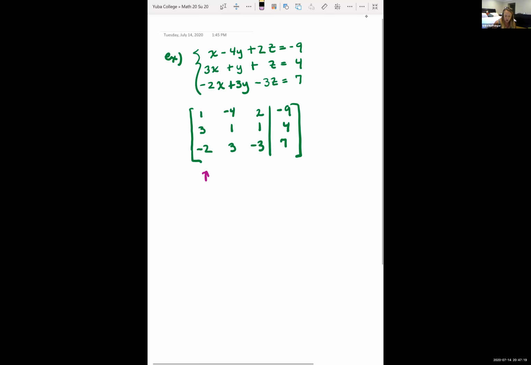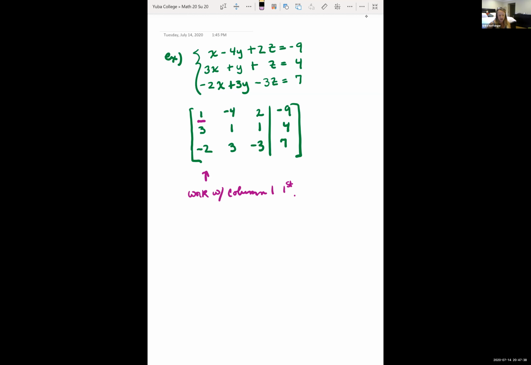So again, we're going to work column to column. We want to get that 1 where we want it in the main diagonal, and it's already done.